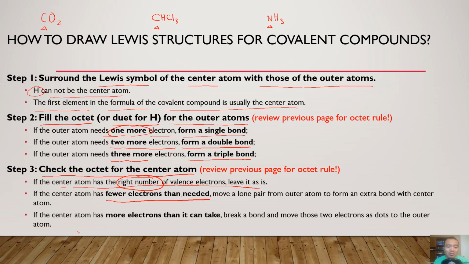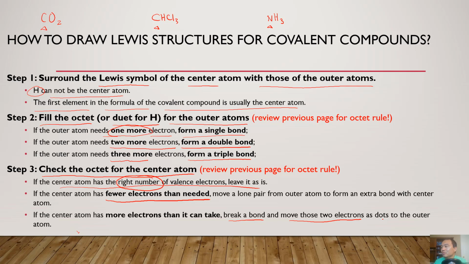And if the center atom has more electrons than it can take, then you will need to break a bond and move these electrons inside that bond. Remember, one single bond contains 2 electrons. You break that bond, you move those 2 dots to the outer atom.